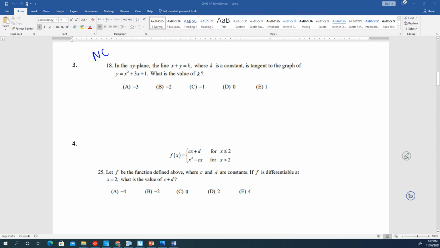All right, so we have this line over here. I'll kind of tackle that in a second. But I see tangent to this graph, and that tells me, hey, I'm probably going to have to find my derivative, right? So let's do that quickly, which is just 2x plus 3.